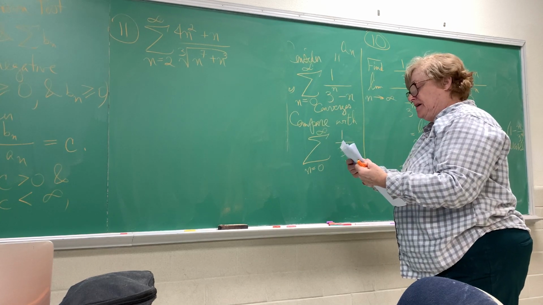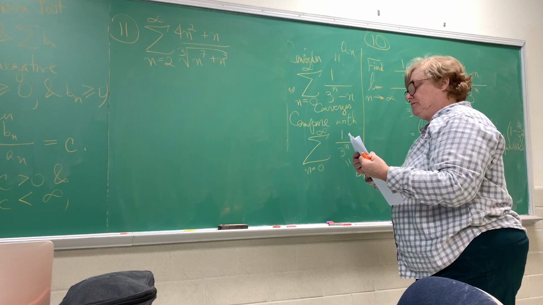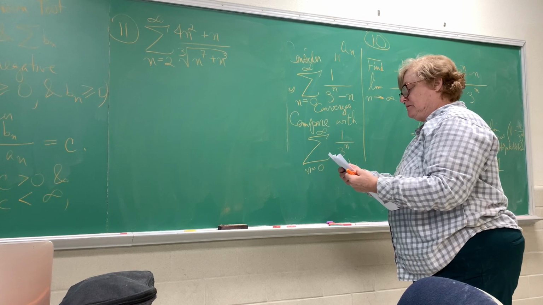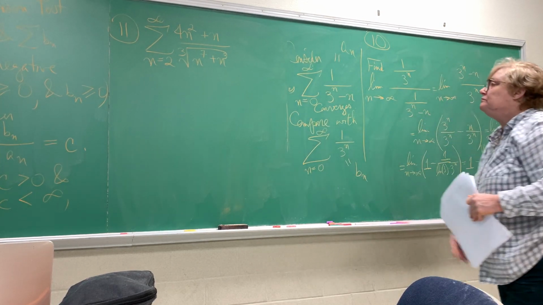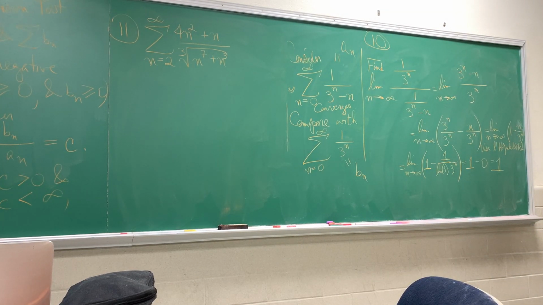That is the cube root, right? Yes, it is 4n squared plus n, over the cube root of n to the 7th plus n cubed.